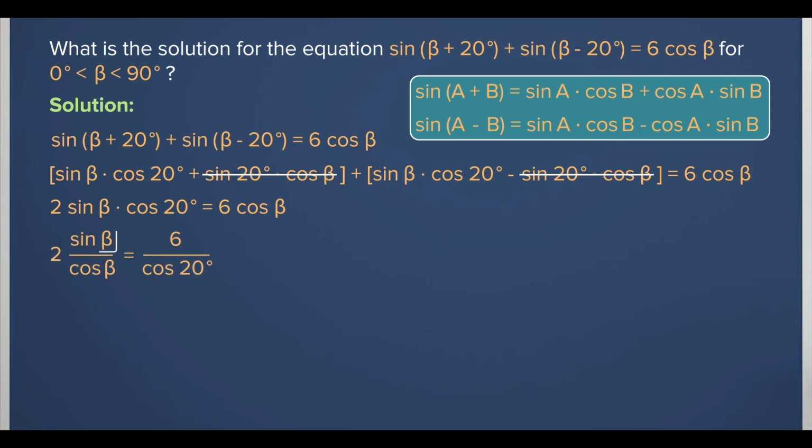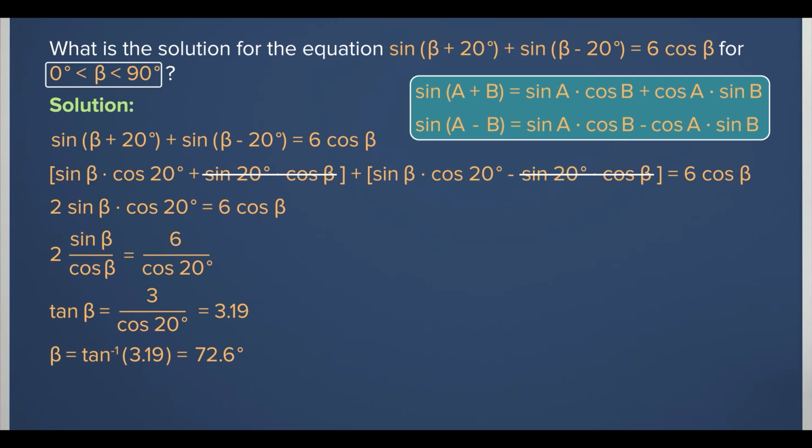Since the ratio of sine beta and cosine beta gives the tangent beta, the equation can be further simplified as such. Now, following the three-step procedure, the base angle beta can be found to be 72.6 degrees. Since the domain lies in between 0 and 90 degrees, there is no need to find the angle values in the second, third, and fourth quadrants. So, the final solution that lies in between 0 and 90 degrees is 72.6 degrees.